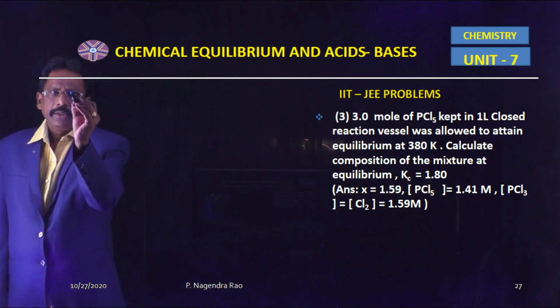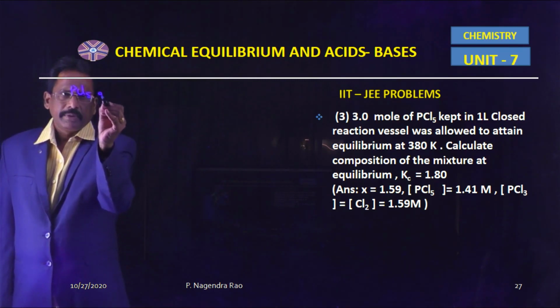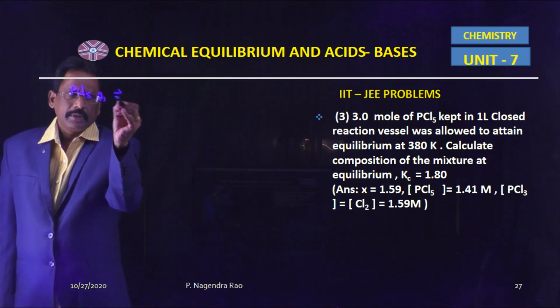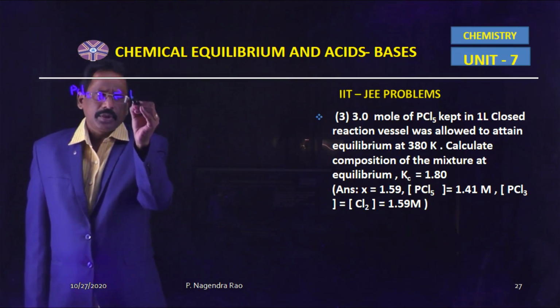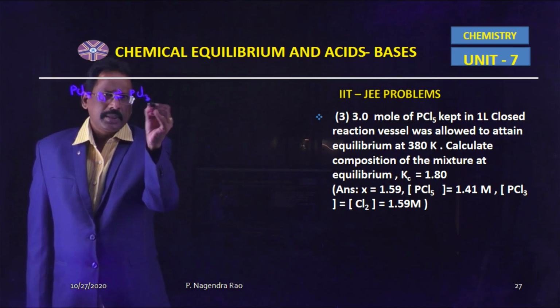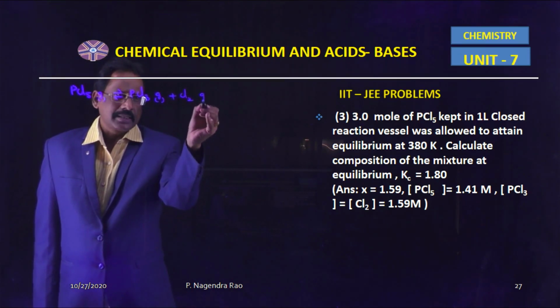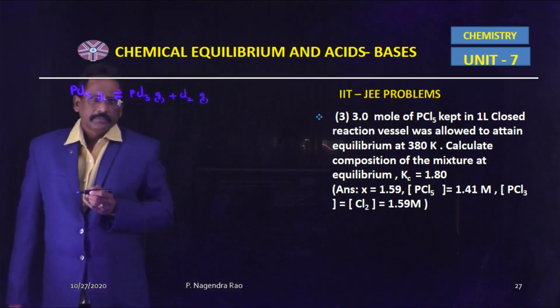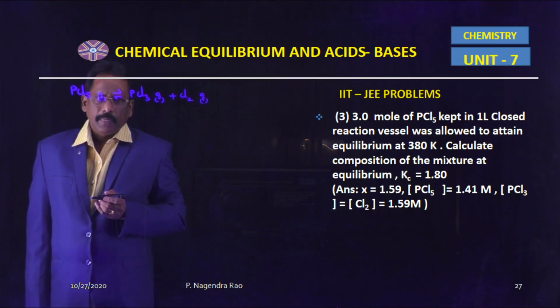Here the decomposition of PCl5: PCl5 decomposed into PCl3 and Cl2 gas. This reaction is already balanced.